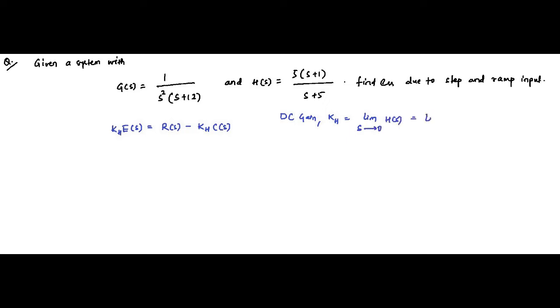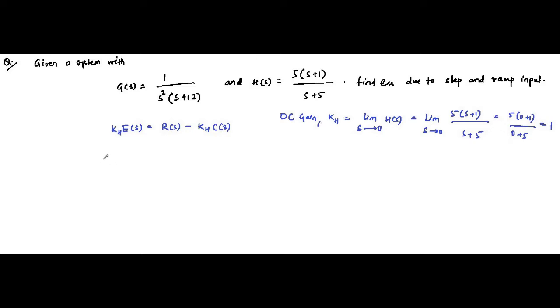So it will be limit s tends to 0 of 5 into (s plus 1) by (s plus 5). Here Kh is equal to 5 into (0 plus 1) by (0 plus 5), which is 5 by 5, which is equal to 1. Kh is equal to 1.